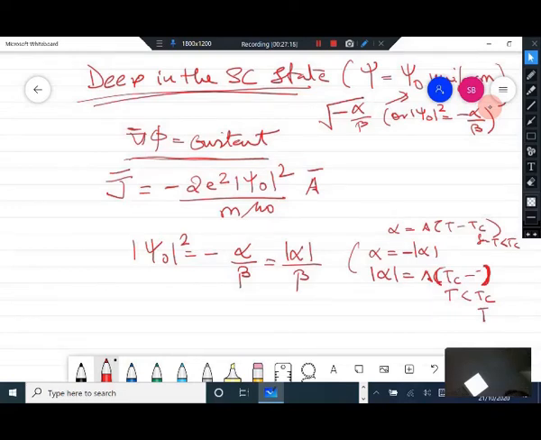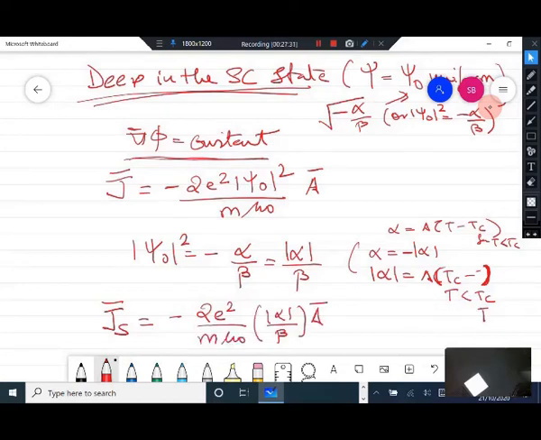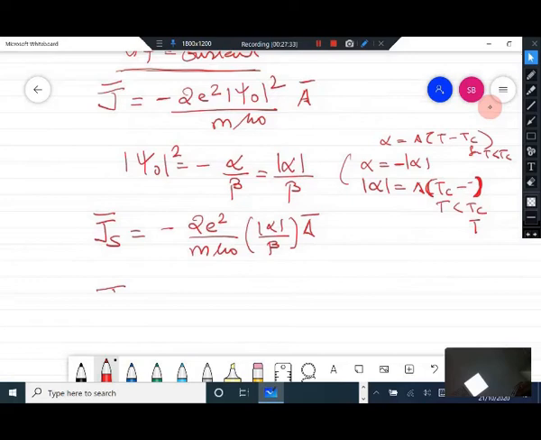And so Js is nothing else but minus 2e square by m mu naught mod alpha times the vector potential. And now, if you apply a magnetic field to the superconductor, then the superconductor will respond with a current density which is 1 by lambda GL the whole square into the vector potential.